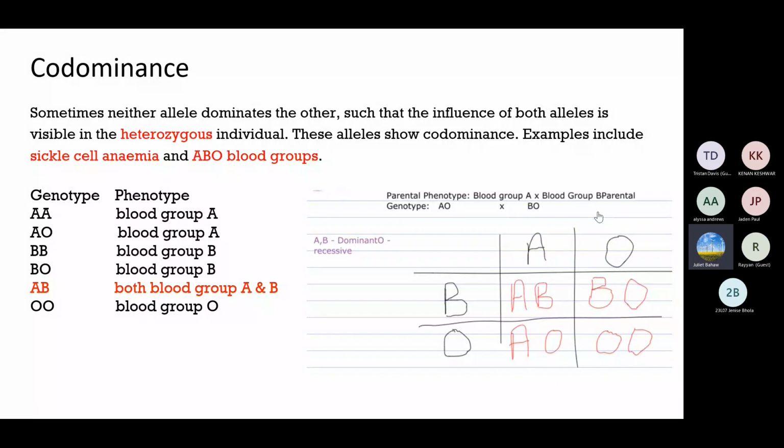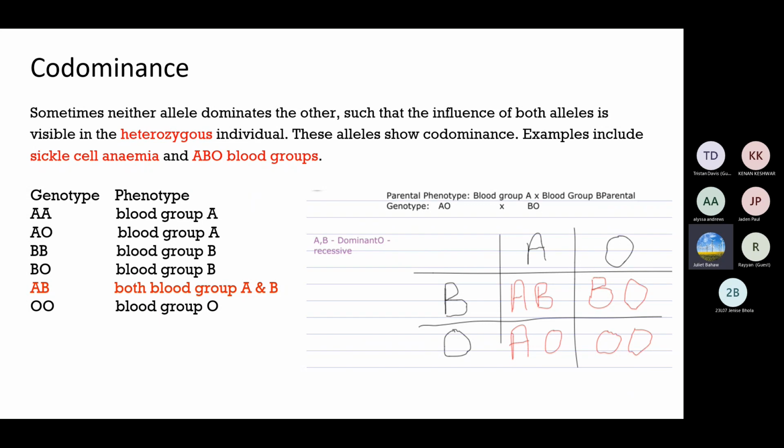Okay, so now let's look at something called codominance. The types of questions that we covered so far is incomplete dominance. Again, incomplete dominance is when you have the blending of alleles to form a third allele. You tend to see that in flowers, like the petal colors. You tend to see pink, which is formed from red and white. You also saw that question with the mouse, with the gray color, which was formed from black and white.